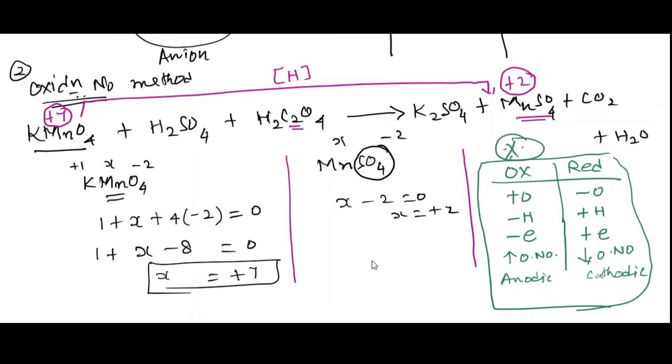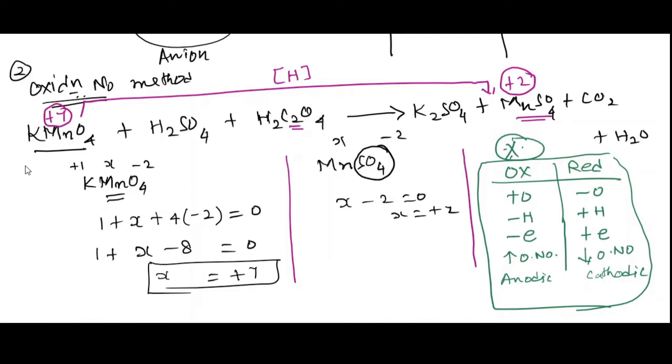Right, now let me come back to the main problem. Here there is a decrease in oxidation number, so it is a reduction. Do you understand now? Now let us check the addition of electrons here. From +7, how many electrons are added? Five electrons are added, and that's why it has come down to +2, is it not?